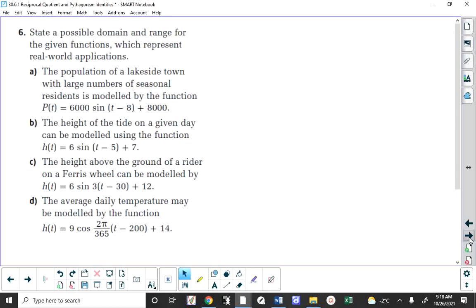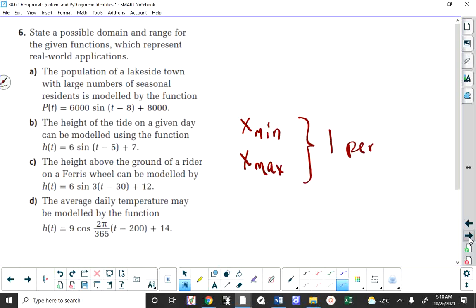Anyway, you need to solve these graphically, and essentially what you want to do is set up your x min and your x max to be reflective of one period of the function.